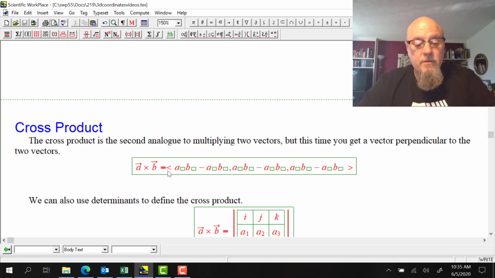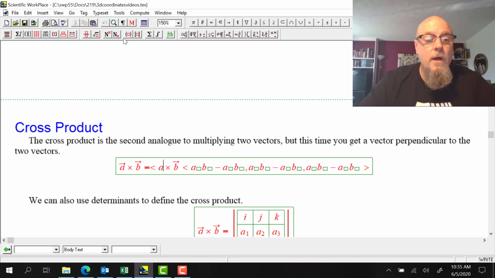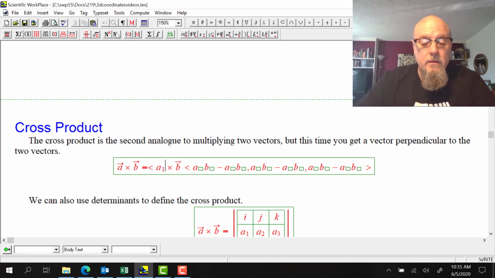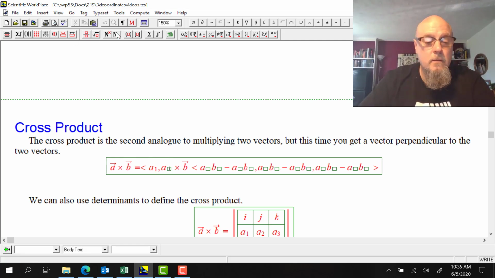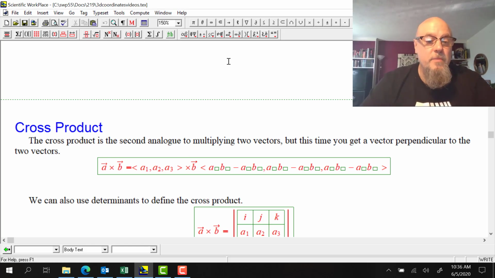That's if I'm thinking of vector A as the vector A sub 1, A sub 2, A sub 3, and likewise vector B as B sub 1, B sub 2, B sub 3.